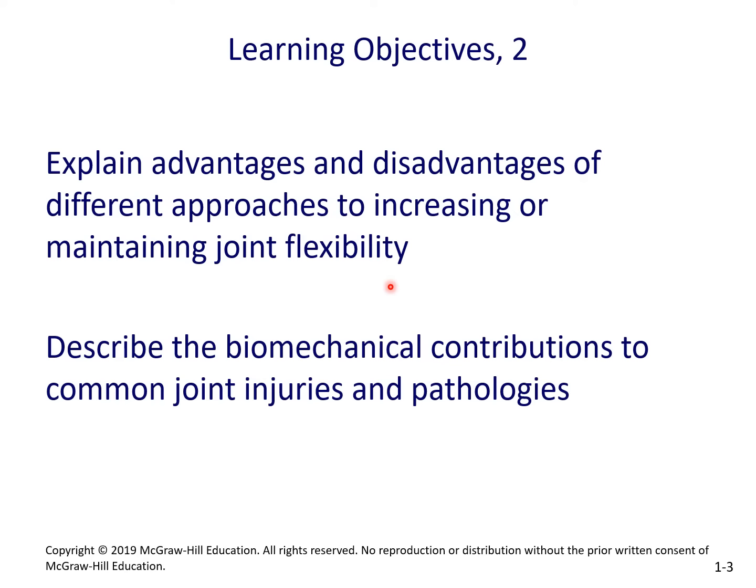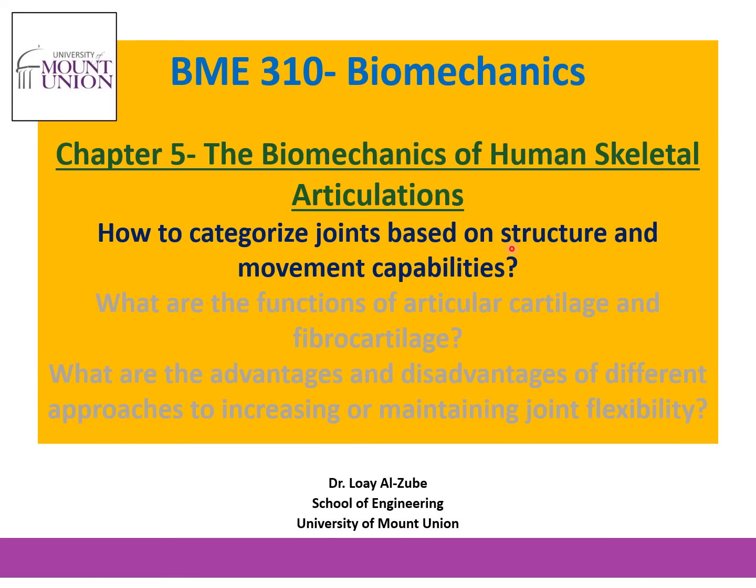And describe the biomechanical contribution to common joint injuries and pathologies. That's also for another day. But we would like to understand these as well. We would like to know more about joints and go into details about what can we do as engineers to help that. I will start with this section, how to categorize joints based on structure and movement capabilities.